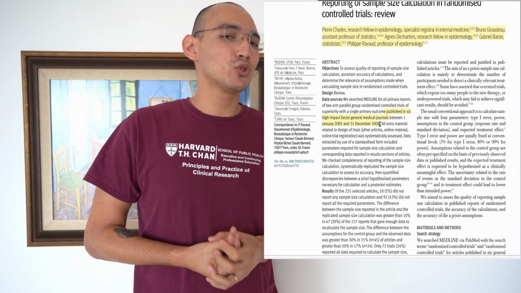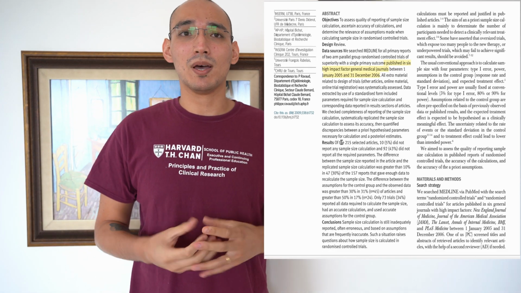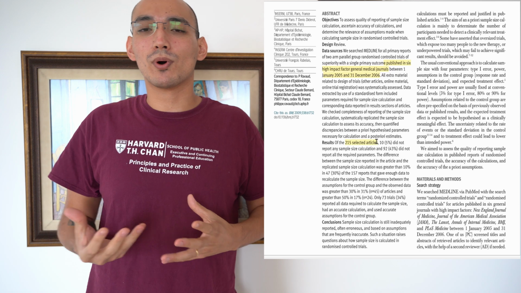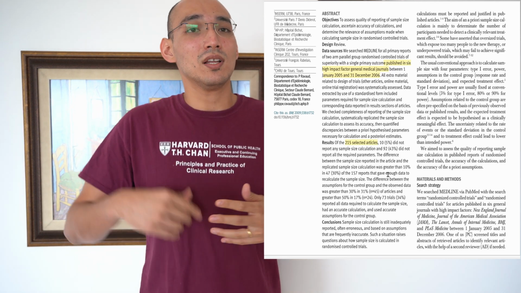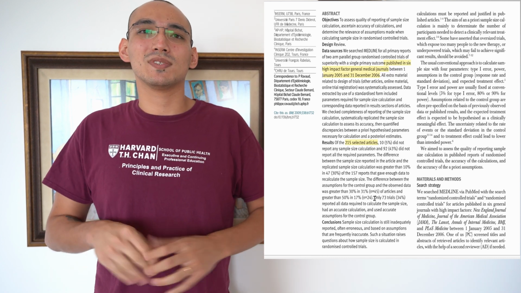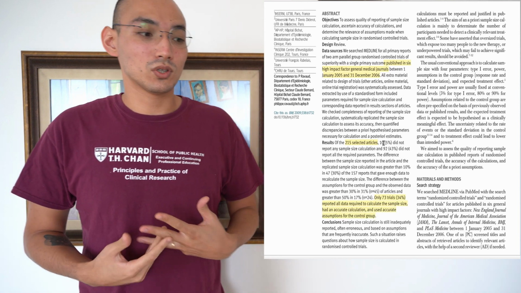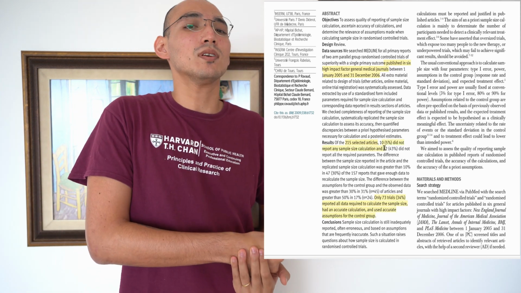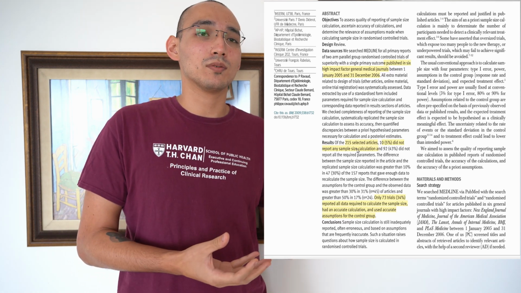And there were over 200 selected articles, and about a third of them adequately and accurately reported the parameters required for sample size calculation. And even so, it was about a decade later, 5% of them didn't report any sample size calculation at all, right? So there was an improvement, but it's still far from where we would like it to be, right?